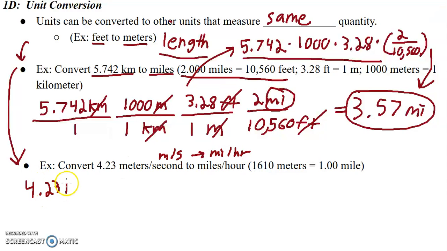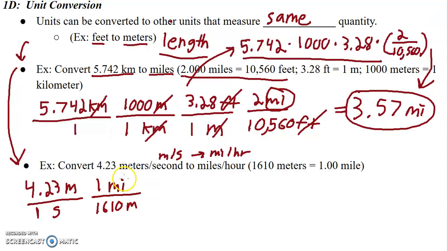So you need 4.23 meters per second, technically over 1 second. And then we need miles an hour. The first thing is to convert, and you don't have to do it exactly like this, but it'd probably be a good idea to convert meters to miles. So we get 1610 meters, 1 mile.